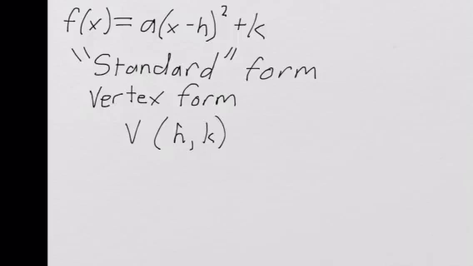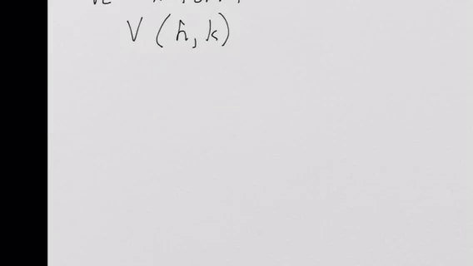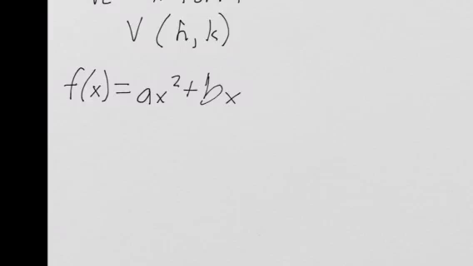But what if we have it in the more typical form, what most textbooks call standard form of a parabola, f of x equals ax squared plus bx plus c. So we're going to use a completing the square technique a little bit different on this.